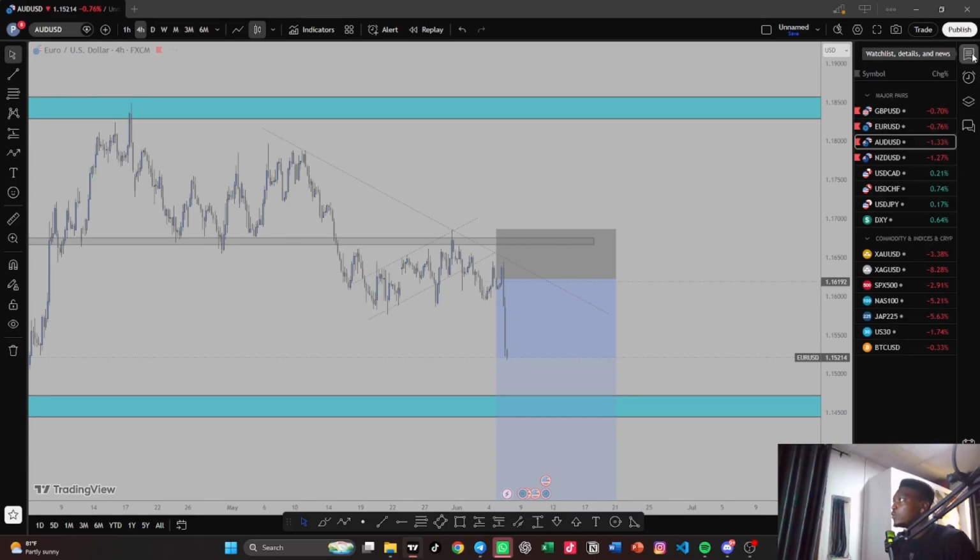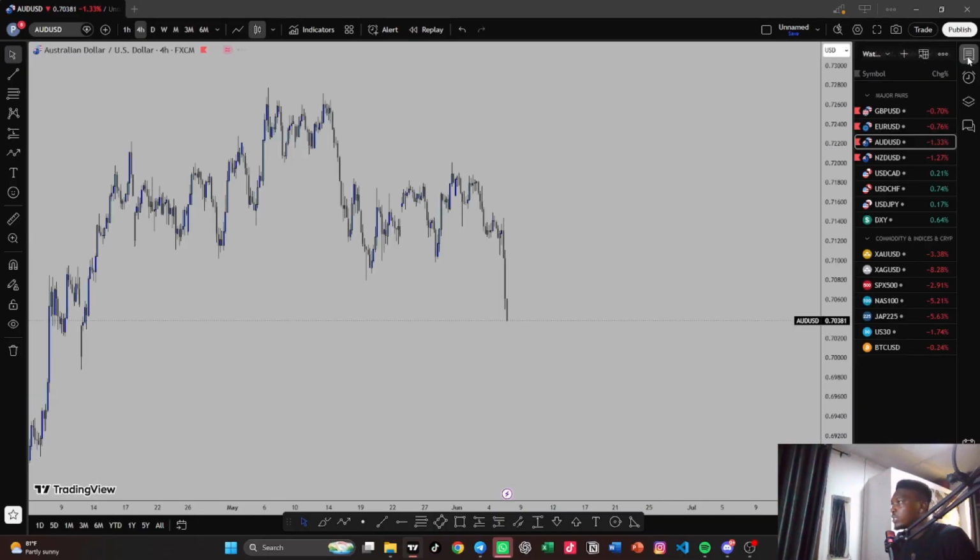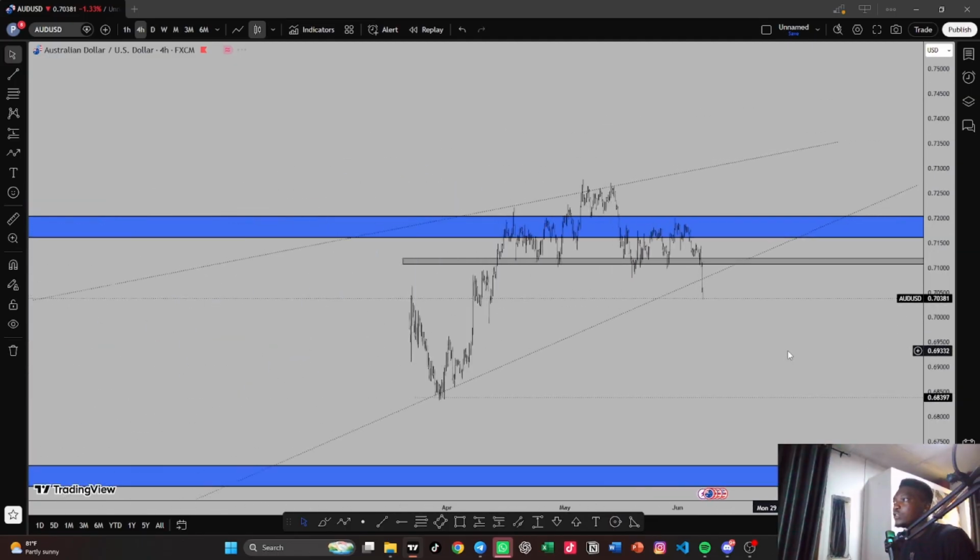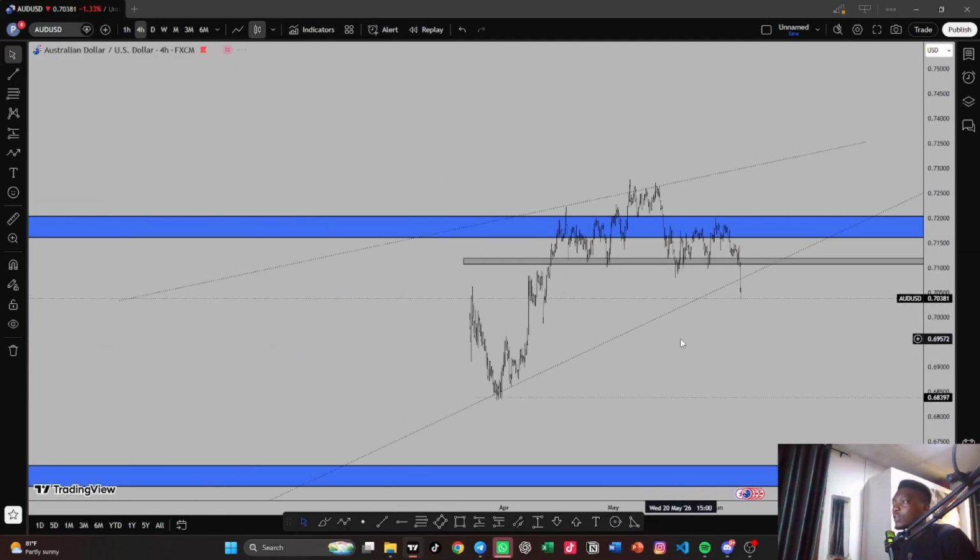Another good one that I'm currently positioning myself for is AUD USD. Similar thing that I'm seeing across these 3 currency pairs is that they are creating the same chart pattern. If we look at this very closely, you will see that this is also creating a head and shoulder pattern.